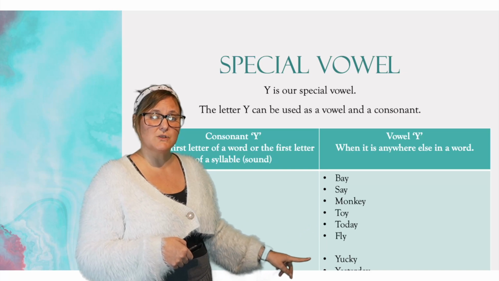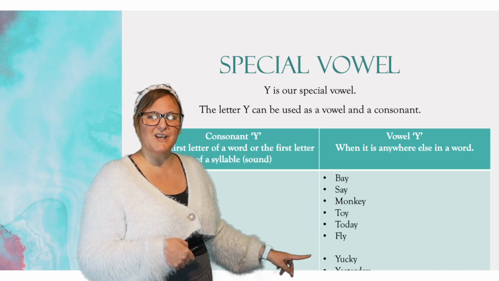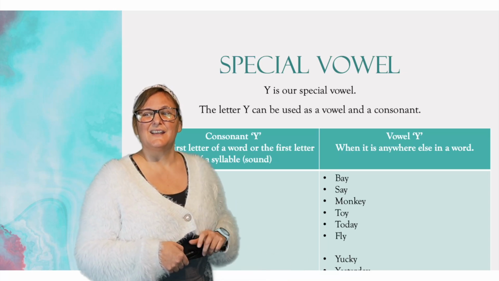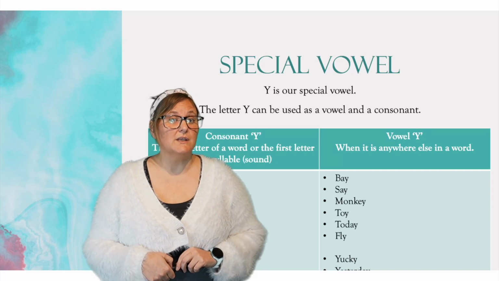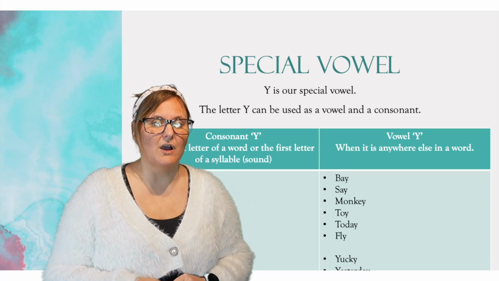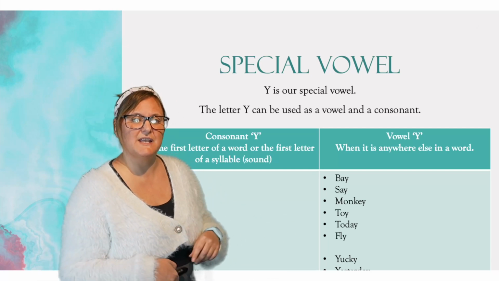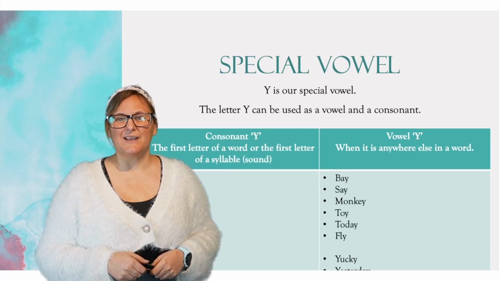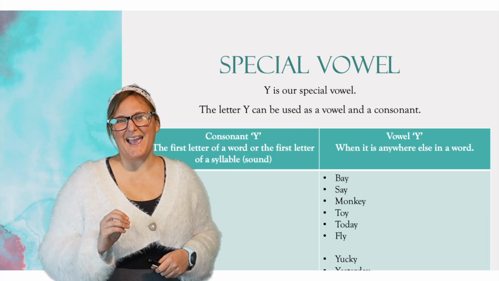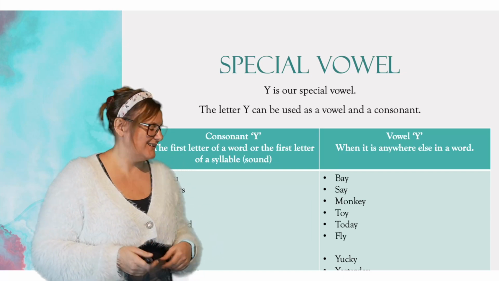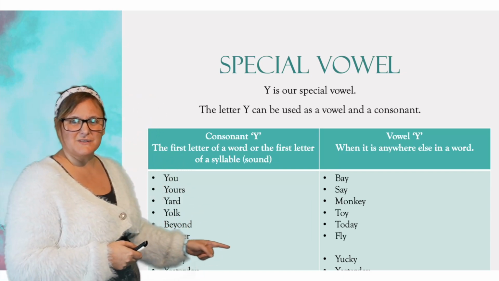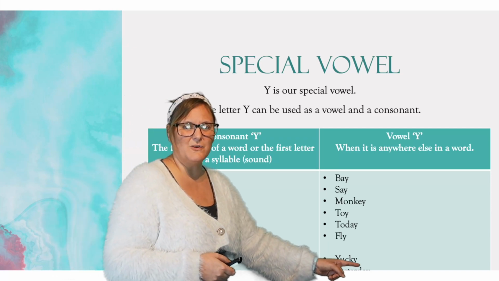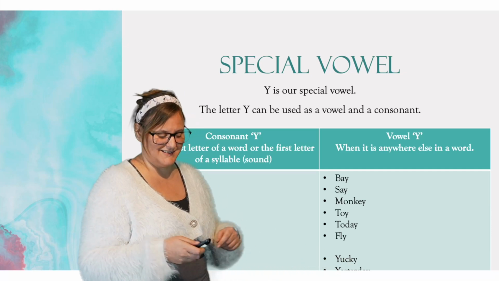And then we've got our two special words down here, which are yucky and, cut off again, yesterday. The reason why yucky and yesterday are special is because they contain a consonant Y and a vowel Y. We have our consonant at the beginning, and then we have our vowel at the end.